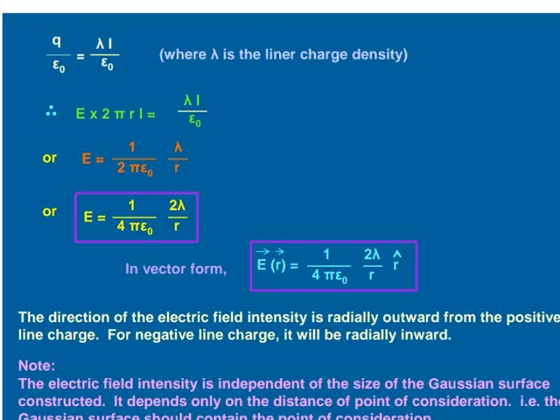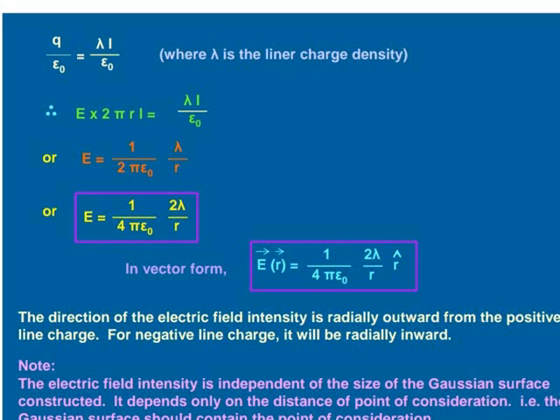This shows that the electric field of a line charge is inversely proportional to the distance from the line charge. If you have to write it in vector form, write E vector equals 1 upon 2 pi epsilon naught, lambda upon R, into R cap.